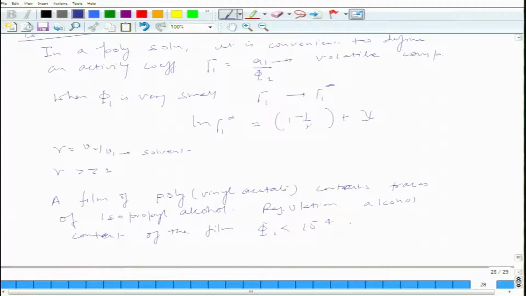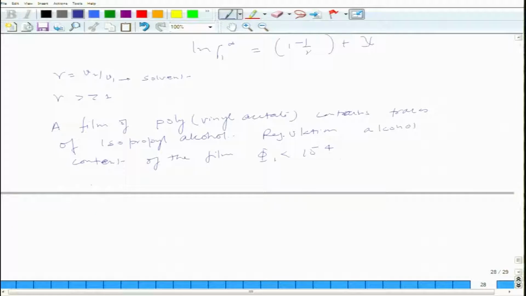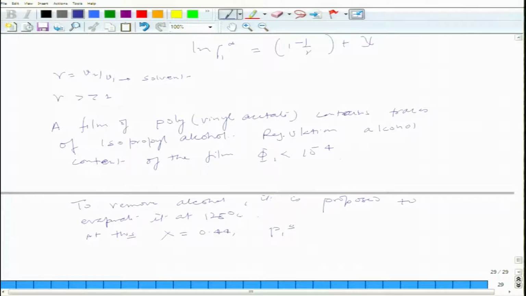In order to remove the alcohol, it is proposed to evaporate it at 125 degrees Celsius. At this temperature, the chromatography experiments give chi as 0.44 and the vapor pressure of the isopropyl alcohol is 4.49 bar.